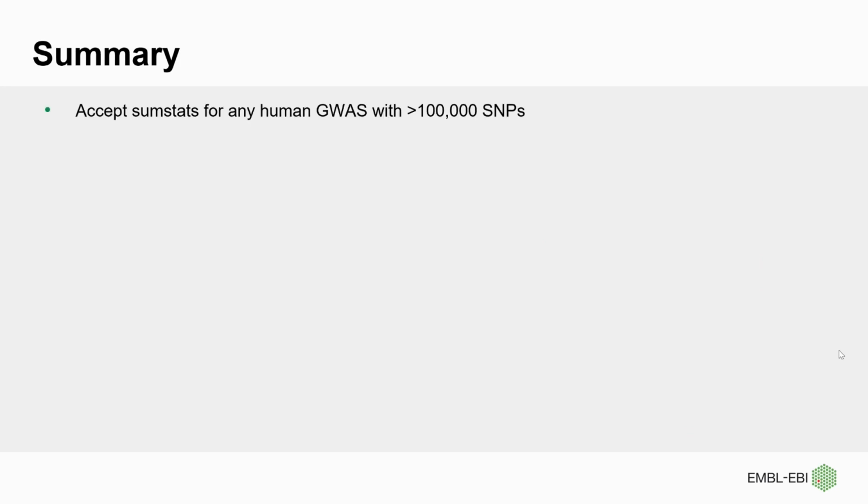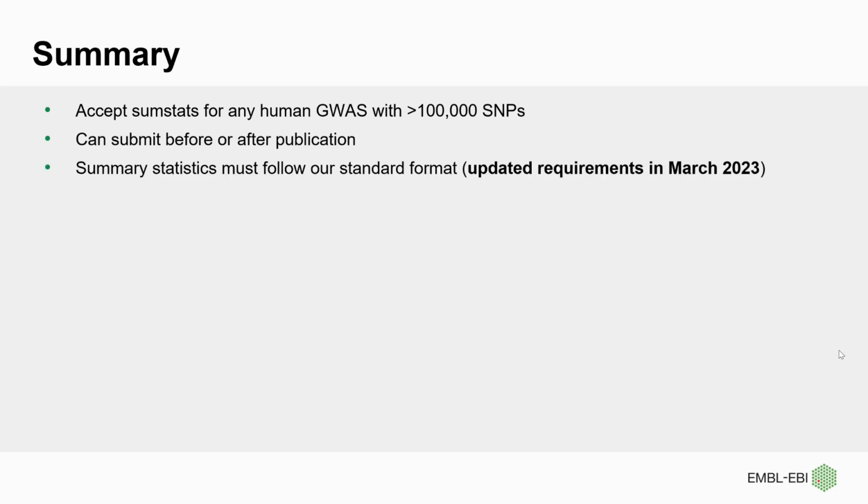So in summary, we accept summary statistics for any human GWAS with more than 100,000 SNPs. And this can be submitted either before or after publication of a journal article. Summary statistics must follow our standard format, with some updated requirements coming into effect at the end of March 2023.